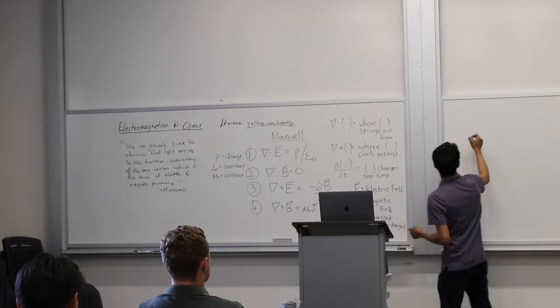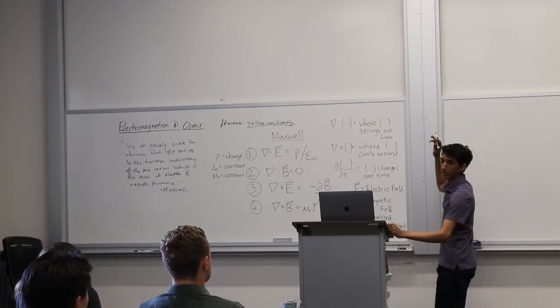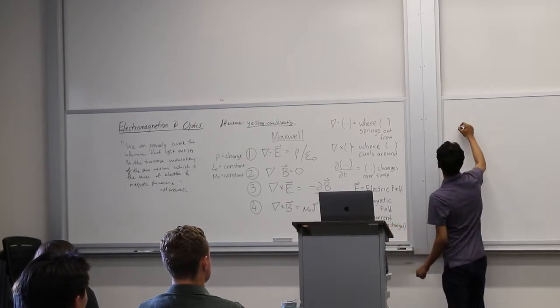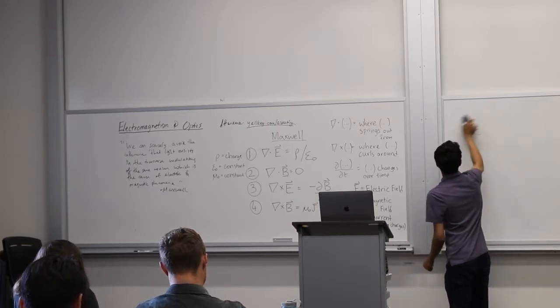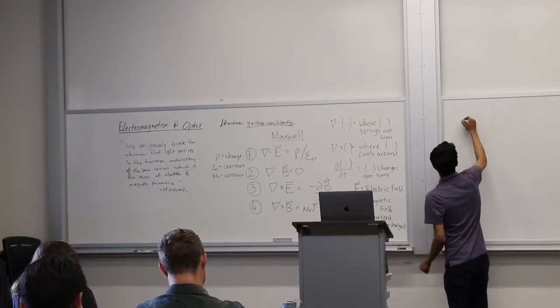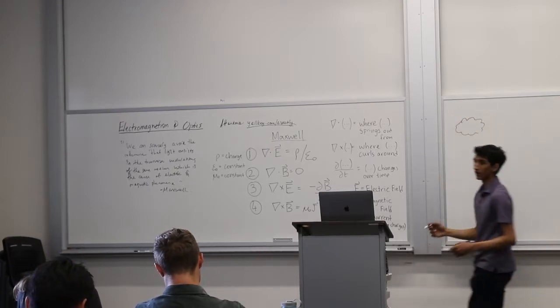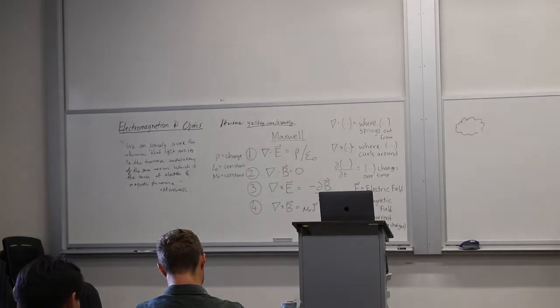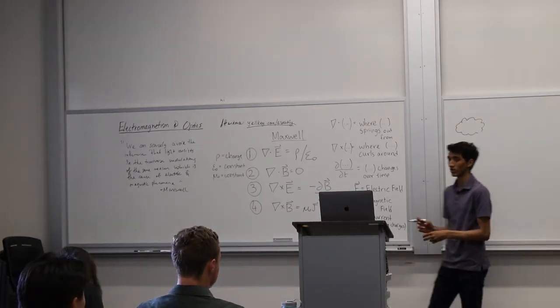So, we talked about lightning in the first part of the lecture, and in lightning you have a cloud. When clouds rub against each other, charges come off of one cloud and deposit onto other clouds.